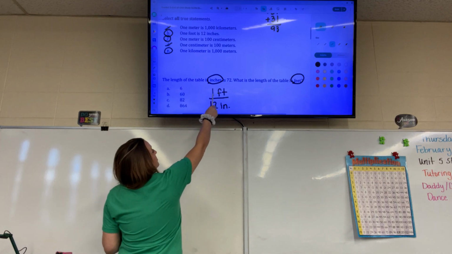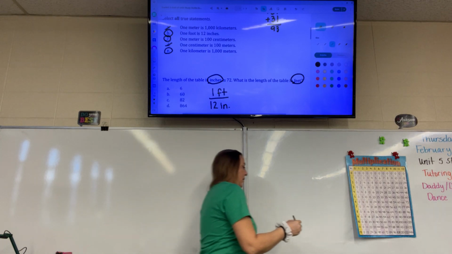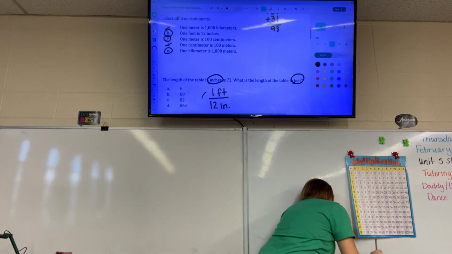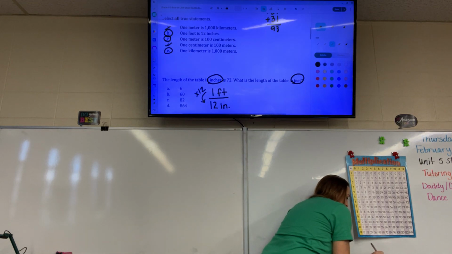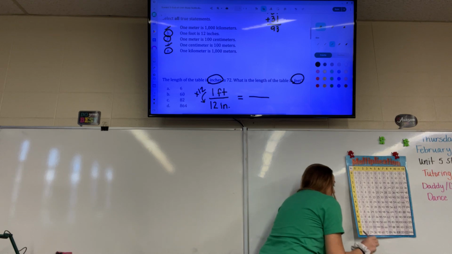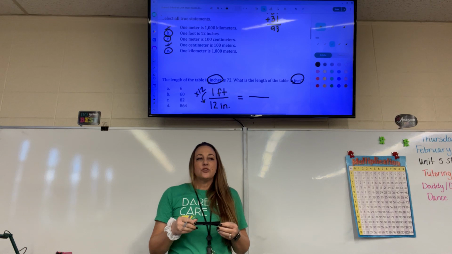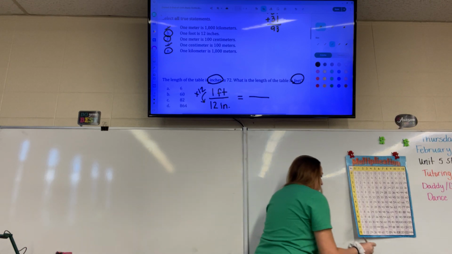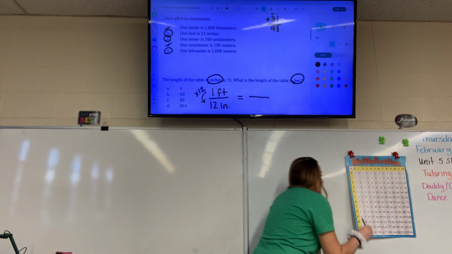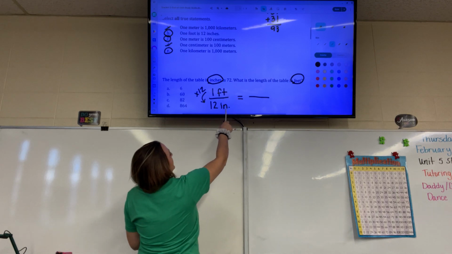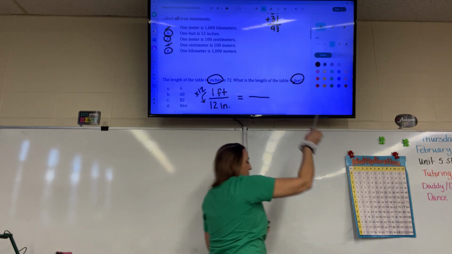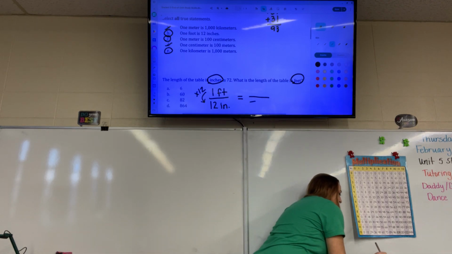So what do you multiply 1 times to get 12? 12. And over here, what's the length of the table in inches? Shout it out. 72. So where does inches go? Does it go on the top or the bottom? Bottom. So over here I'm going to write 72 inches.